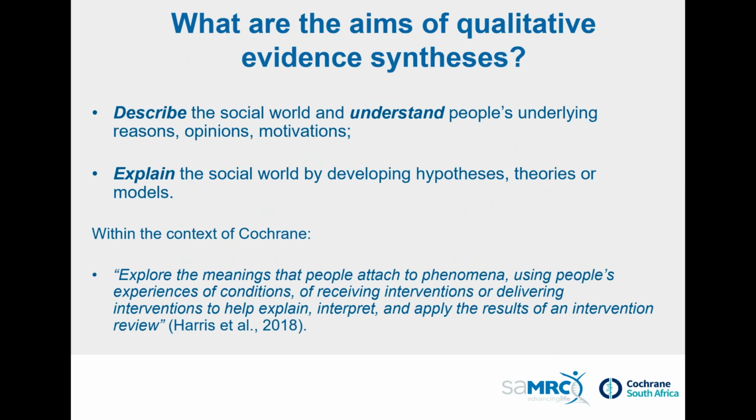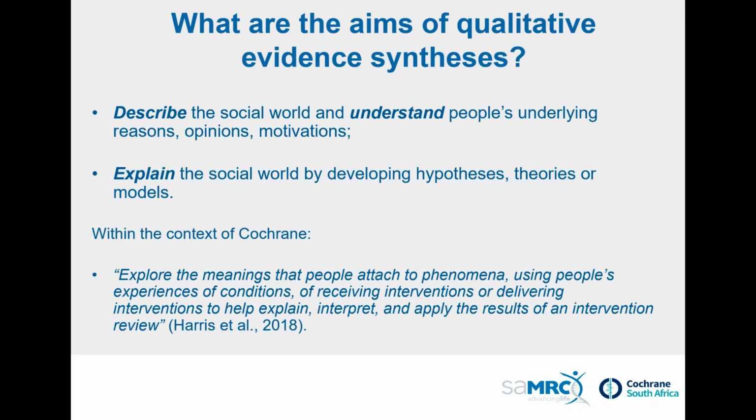Okay, so what are the broad aims of a qualitative evidence synthesis? Putting it very simply, qualitative evidence syntheses seek to describe the social world and understand people's underlying reasons, opinions, and motivations. And then they also seek to explain the social world by developing hypotheses, theories, or models.